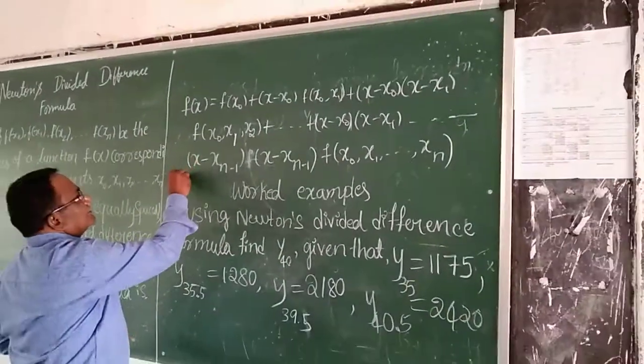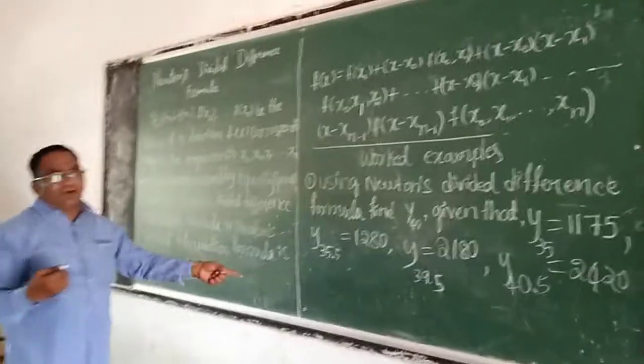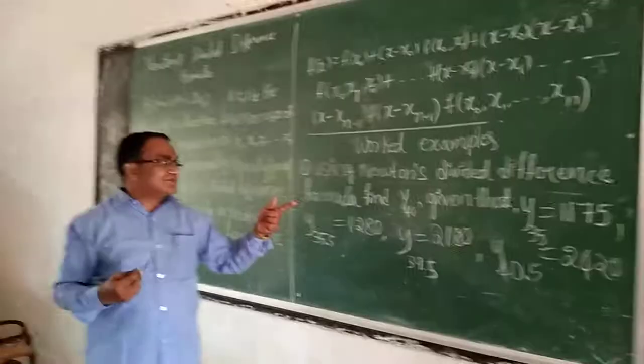This is called the Newton's general interpolation formula. Using this, you can work out these examples.